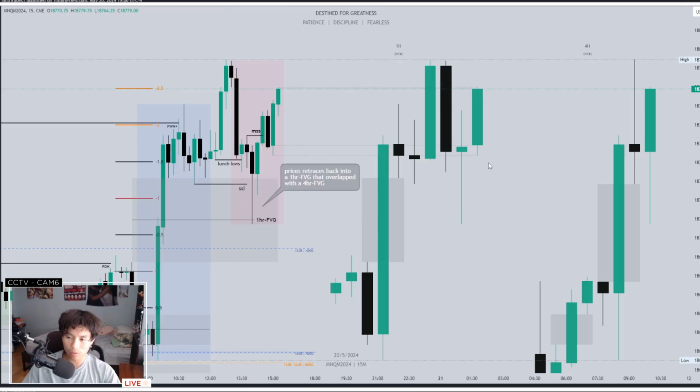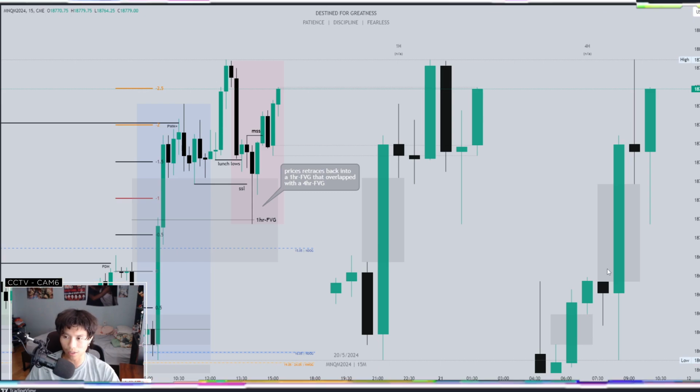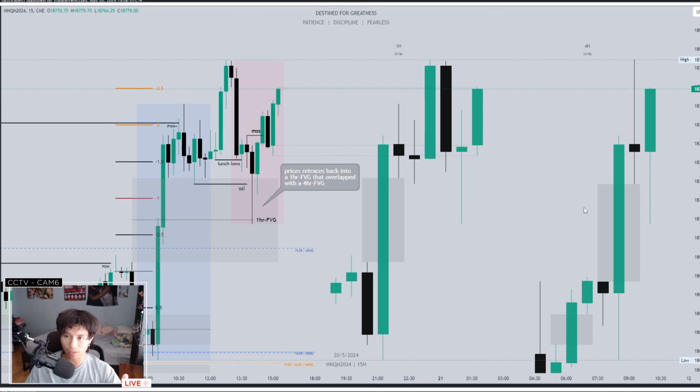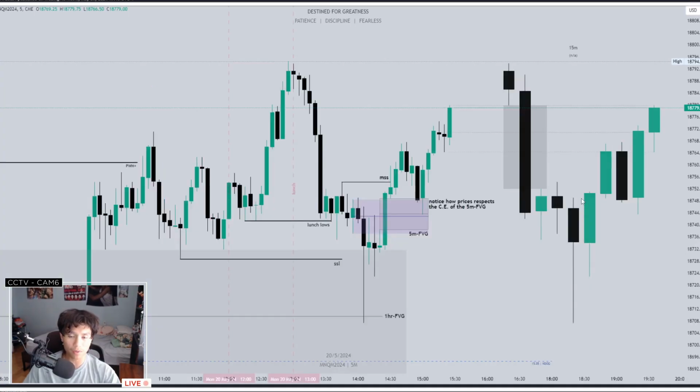So notice how we create this fair value gap after displacing away from this 4-hour fair value gap. Prices are fractal, so when you go down to the 5-minute time frame, we had displacement again. We displaced again away from the 4-hour/1-hour FVG, and we create a 5-minute fair value gap.